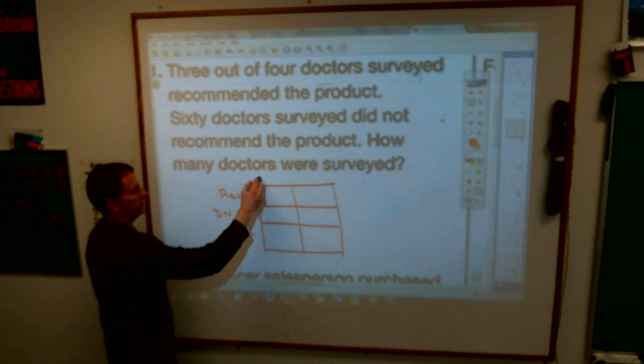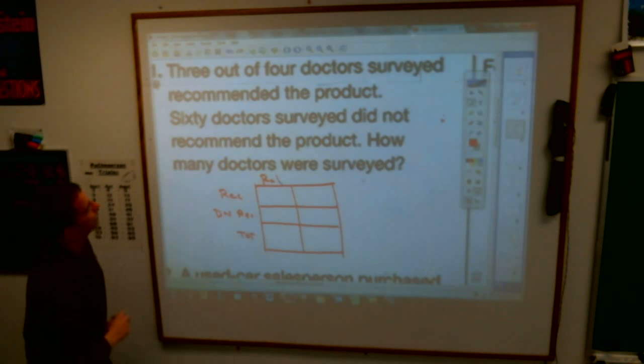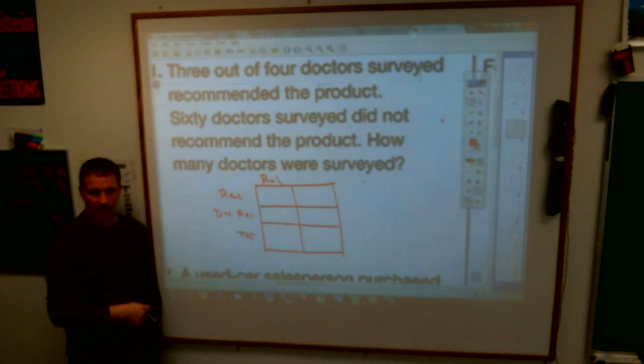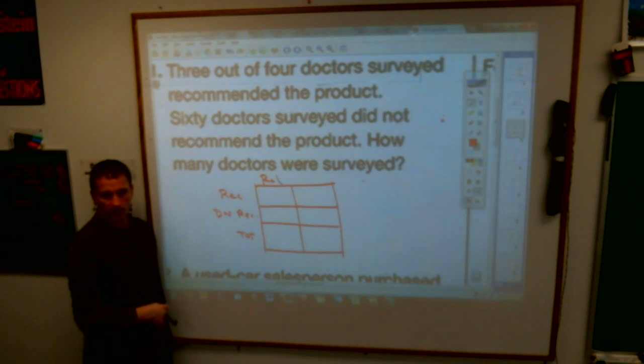So filling in my ratio here, if it says 3 out of 4 doctors surveyed recommended it, Josh, how many doctors recommended it in that ratio? If 3 out of 4 did? How many doctors recommended it? No, I'm looking at the ratio part. That's the actual numbers. 3 out of 4 is what I'm looking at right now. If 3 out of 4 doctors recommended it, what's my ratio?